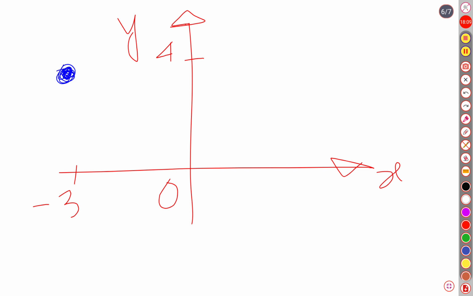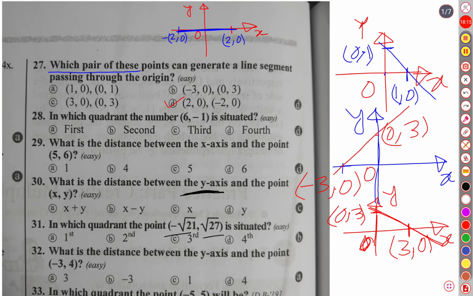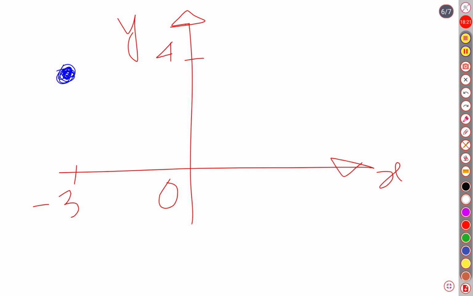Now they have told us to find the distance from the y-axis or x-axis. Let us see once again. It is the distance from the y-axis. Look at this. The y-axis is this one. So if we find the distance, this is the distance.